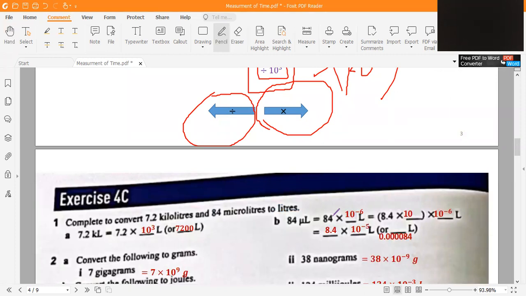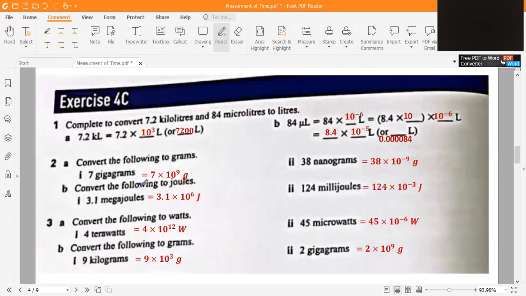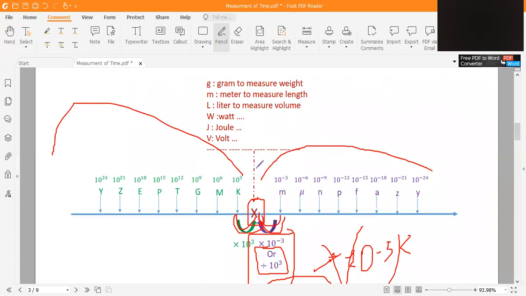So let's have a numerical example. For example, convert 7.2 kiloliters. We are using the unit of measurement kilo to liter, from kiloliter to liter. So liter is the starting point for us, like here on the red cross.